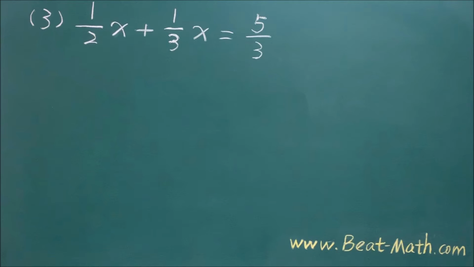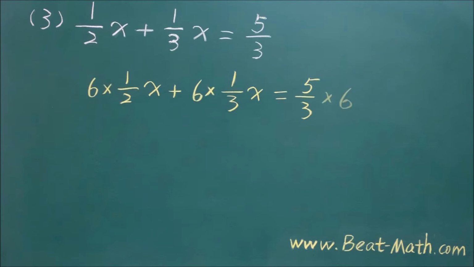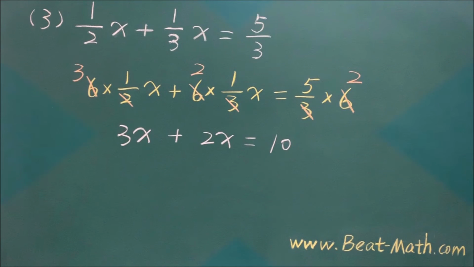This number is called the lowest common multiple. Here it is 6. So let's multiply the entire equation by 6. We get 3x plus 2x equals 10. 3x plus 2x is 5x. So then we get the equation 5x equals 10. We divide both sides by 5 and we get the final result, x equals 2.